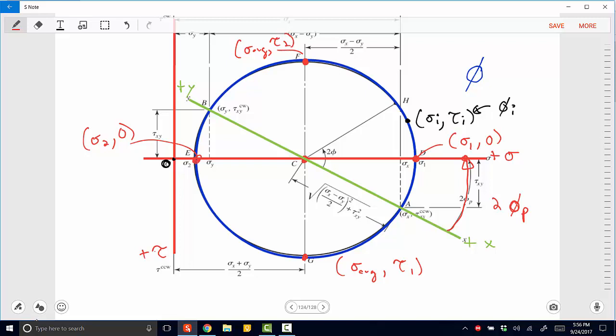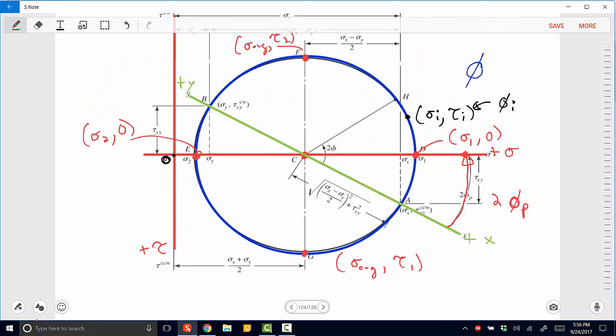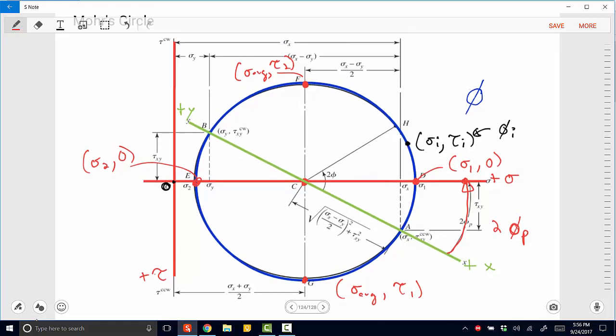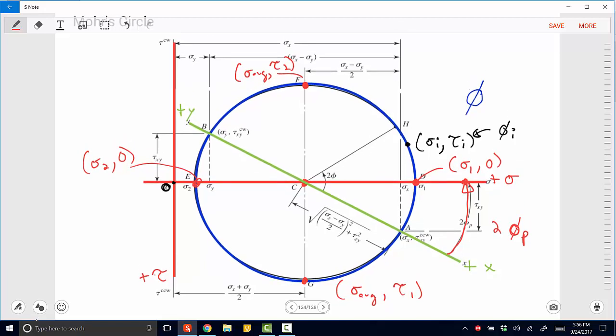Well, if we have this line of the x and y axes, then we can say, hey, from the positive x to the positive sigma, the angle is 2 phi p, right? So we can actually graphically figure out for different values of phi where we will exist in this body, right? And that pretty much defines most of the key points of Mohr's circle.